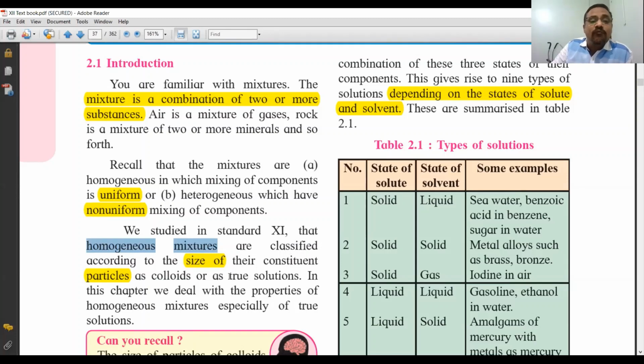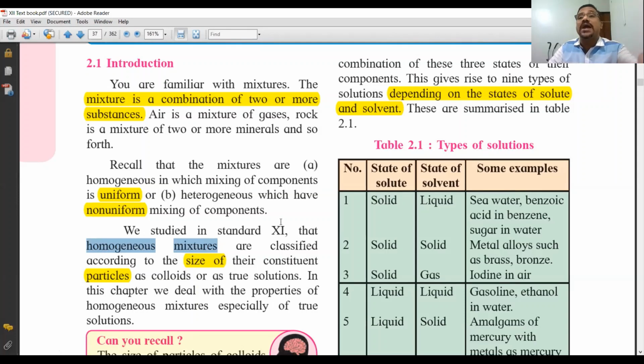Because when you say true solutions, they are obviously homogeneous mixtures. But here it says homogeneous mixtures are the colloids. But dear students, the definition of colloids is the heterogeneous dispersion of two or more immiscible phases.